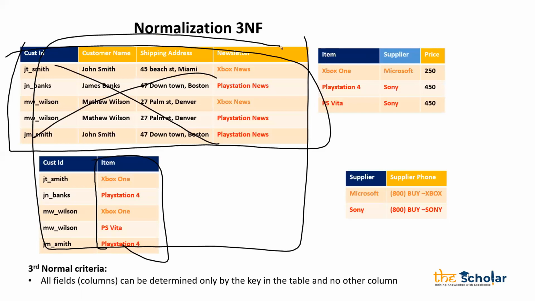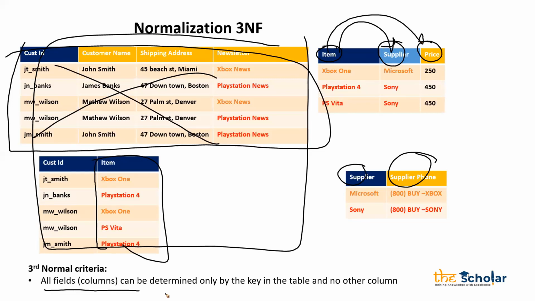Now in this table, I have the item, I have a supplier, I have a price, and I have a supplier phone number. From the item, I will be able to identify the supplier. From the item, I will be able to identify the price. Perfect. All the columns are determined by the key of the table only. And from supplier, I am able to get the supplier phone number. Perfect. That is also fine.